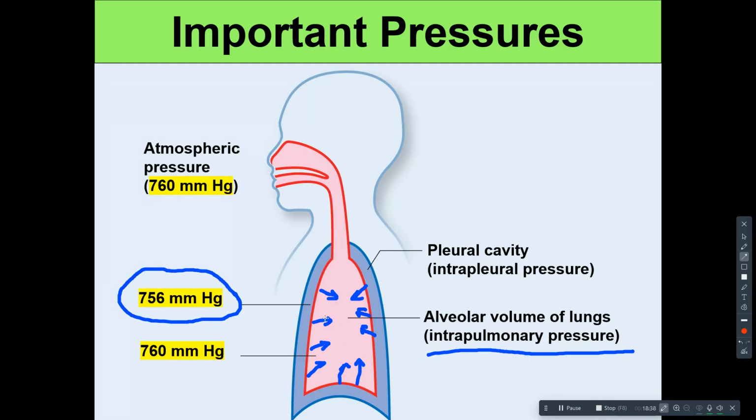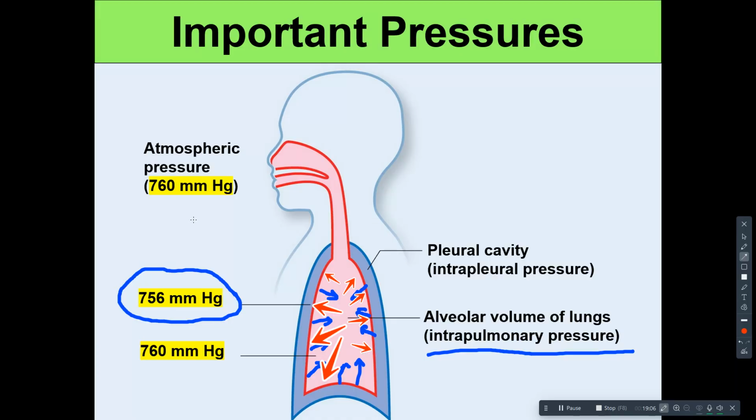So air in here is trying to get into that cavity. Air molecules are trying to get into that cavity. They can't because they're just running into the wall of the lung, but they're trying to get in that cavity. And in doing so, they're preventing that elastic recoil of the lung.